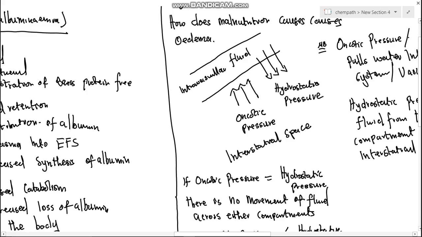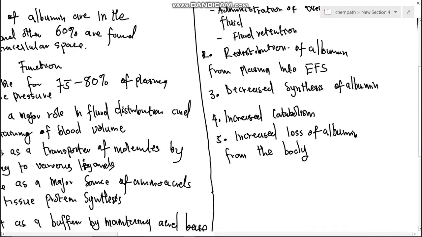For instance, when there is a drop in blood volume, there is an increase in the oncotic pressure and a decrease in the hydrostatic pressure, which allows water from the interstitial space to enter the vascular compartment to compensate for the blood loss.